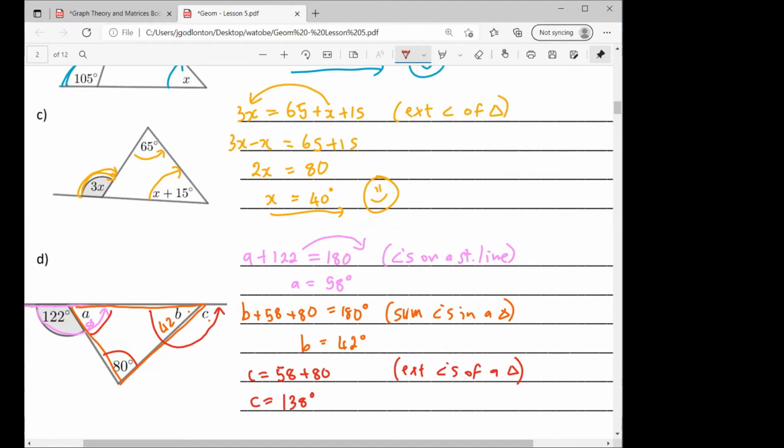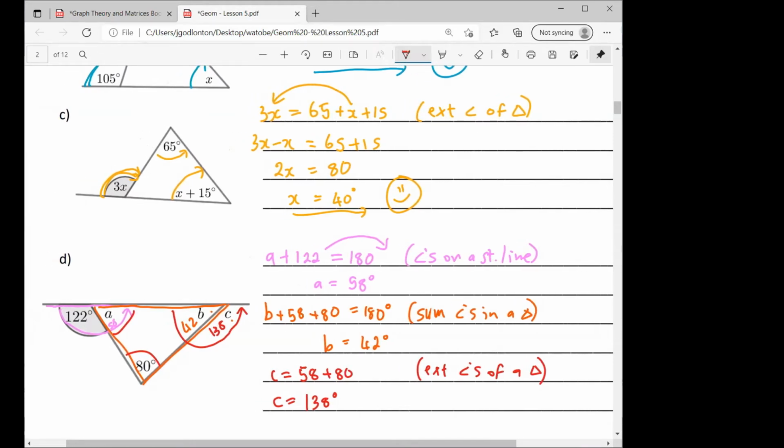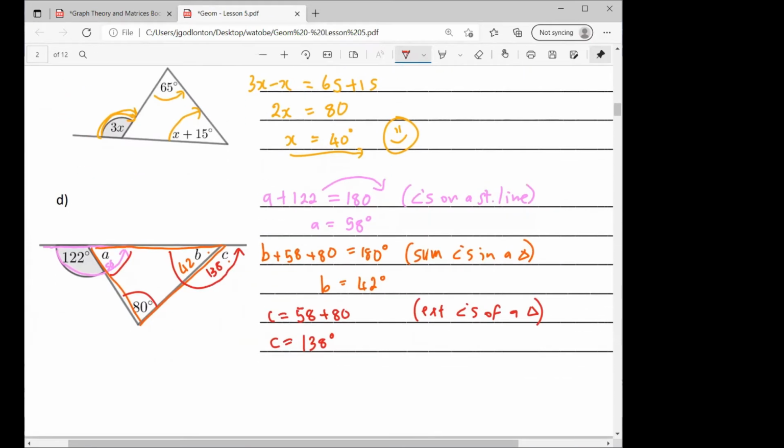It's always okay to do things in a different way. It doesn't all have to be the same. That's the cool thing about geometry. It's however you see the question. Great. Nice job, guys. You did really, really well there.